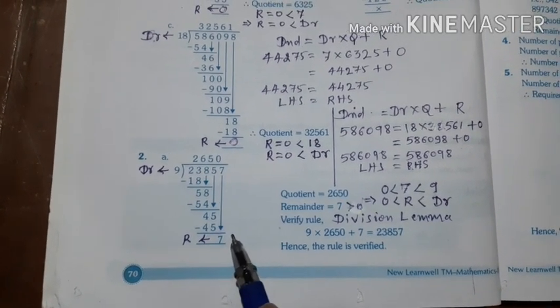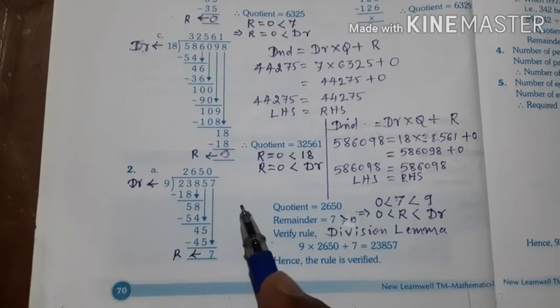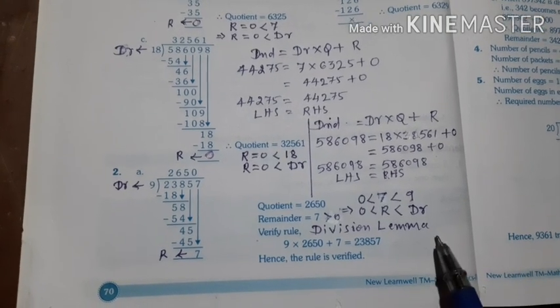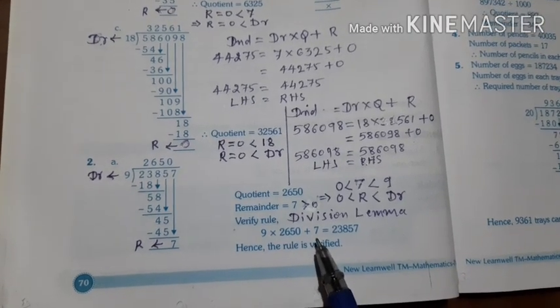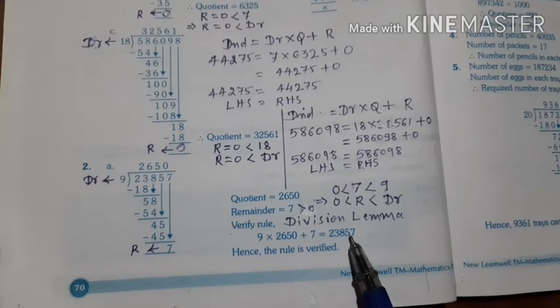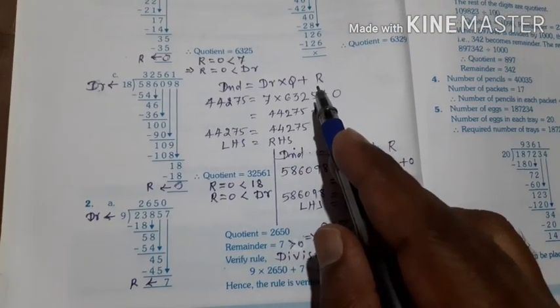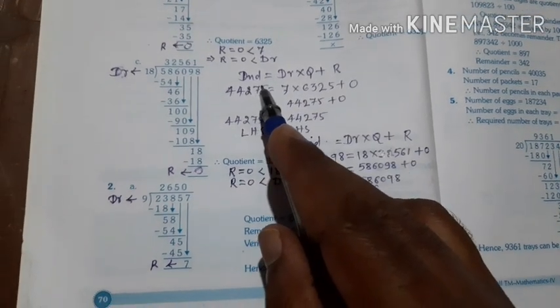And now let us apply the division lemma for this division. So let us verify the rule, means division lemma. Here divisor into quotient plus remainder is equal to dividend. Whether it is dividend is equal to divisor into quotient plus remainder or divisor into quotient plus remainder is equal to dividend, both are correct.